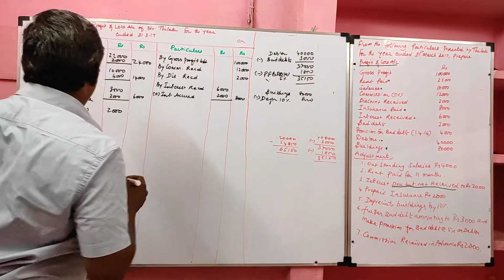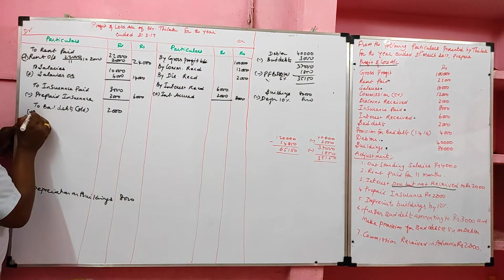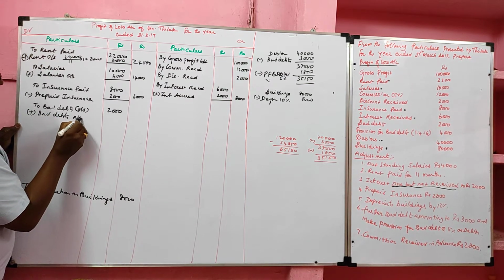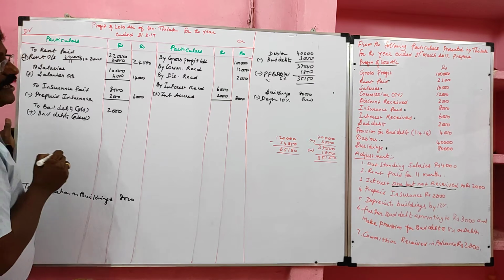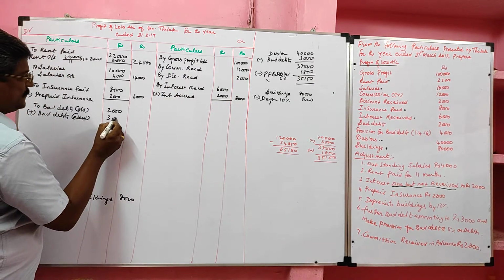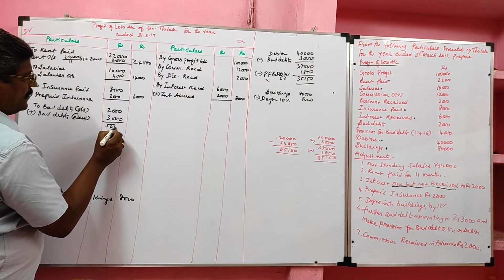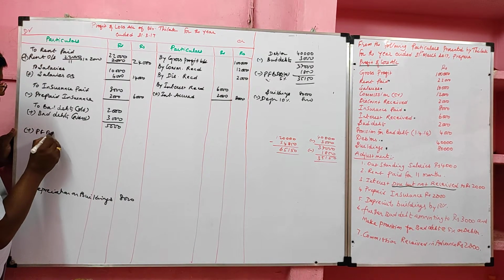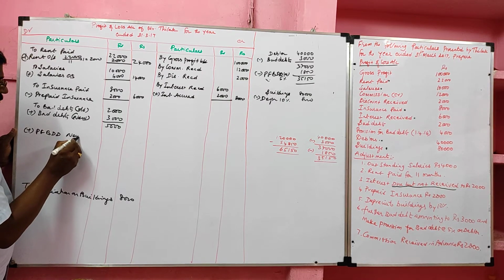Now come to profit and loss account. Old bad debts plus new bad debts. New bad debts value how much? 3,000 rupees. Then what we supposed to do? Add new provision for bad and doubtful debts.